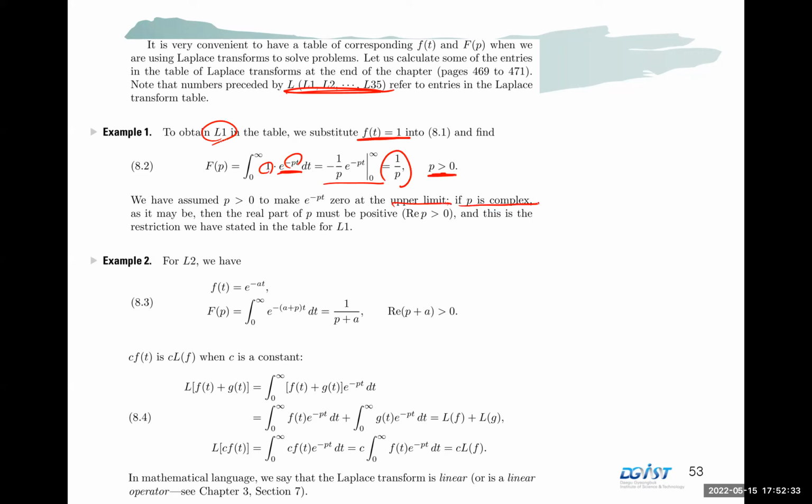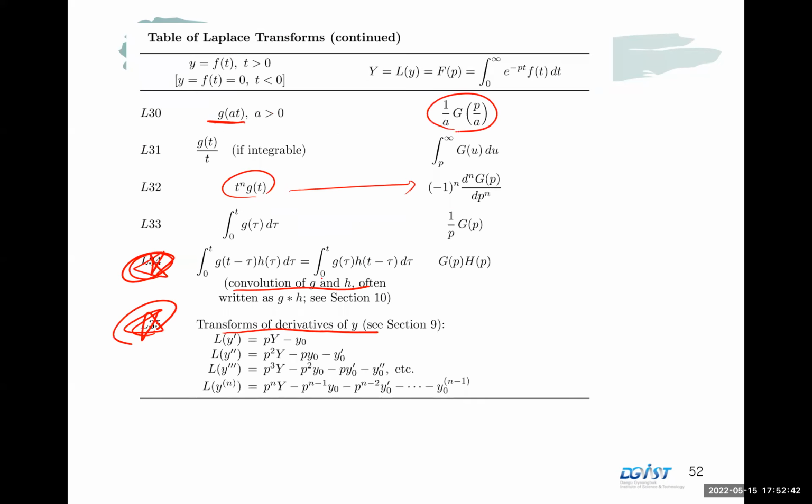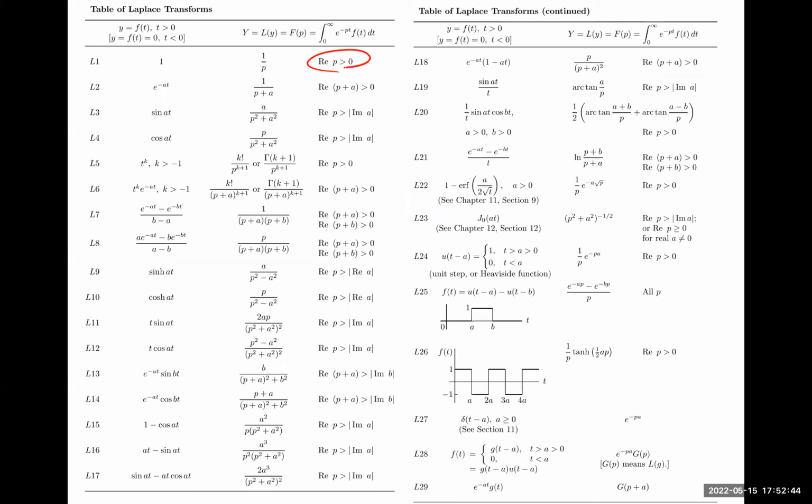And if p is complex, then the real part of p must be positive. Otherwise, they diverge. So if you look at this table, there is some limitation for each of them.